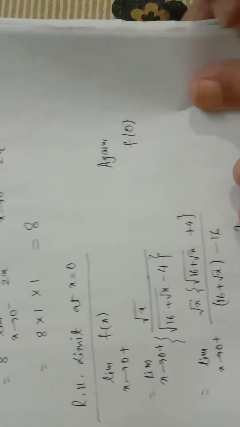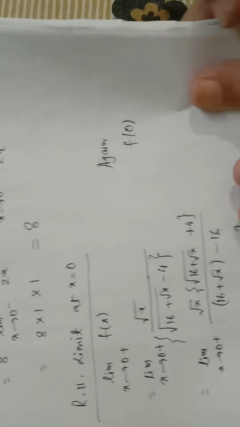Box of any integer, say 5, is that integer 5. Box of 7.5 equal to the integer just less than this, that is 7. Box of minus 2.5 equal to the integer just less than this, which is minus 3. In this way we calculate the greatest integer function.